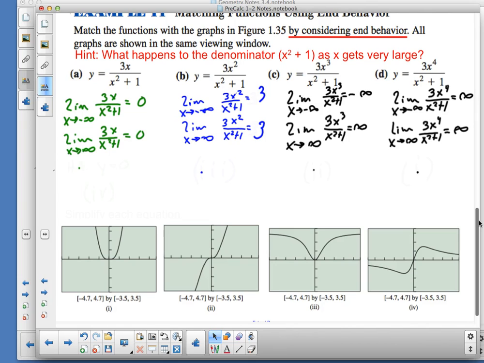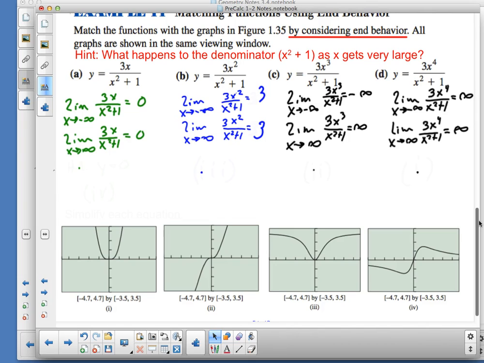In the first one, in A, it's approaching 0. Which of the graphs has the end behavior where, as I go further out from the origin, left or right, it approaches 0? Are you okay with graph number 4?